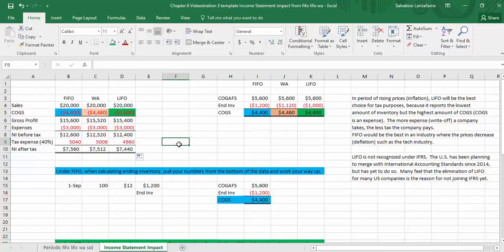So kind of crazy how that worked. So FIFO, net income after tax versus weighted average versus LIFO. But the key to this video today was to show you that depending on which technique you choose, that's going to affect how much tax you pay. And under LIFO, because the prices were going up, we ended up paying less in taxes than if we were using FIFO. Okay, that's it.